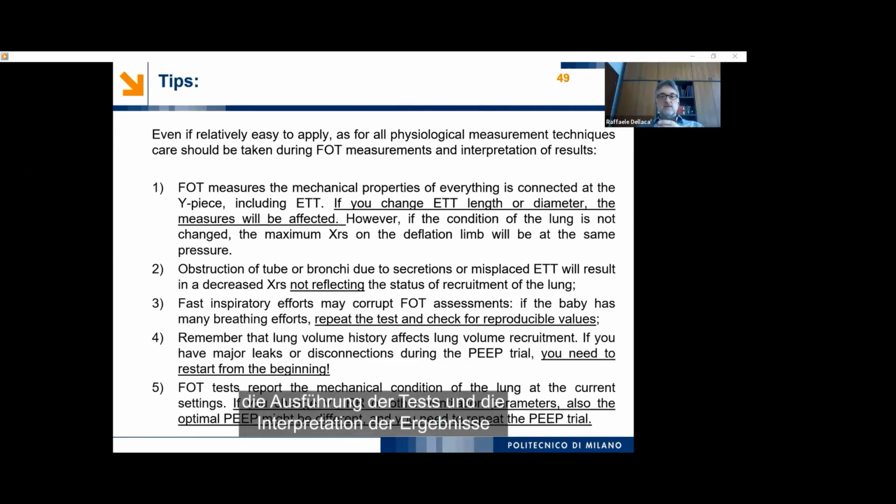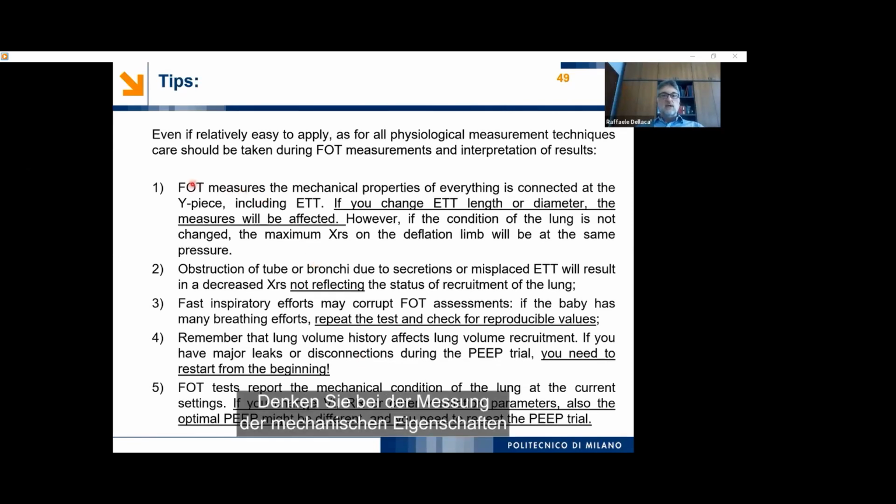The execution of the test and the interpretation of the results, as with all physiological measurement techniques, require some care, and you always need to have clearly in mind what you are going to do and what you are doing.